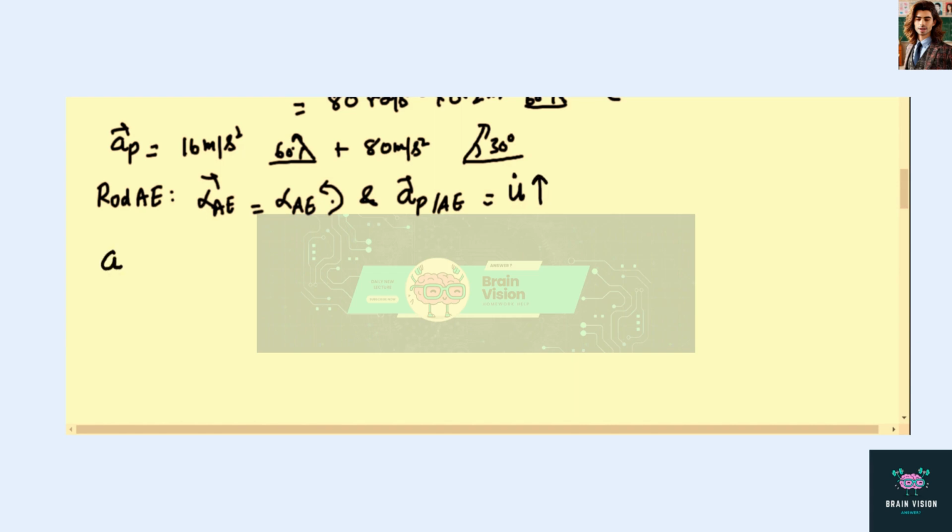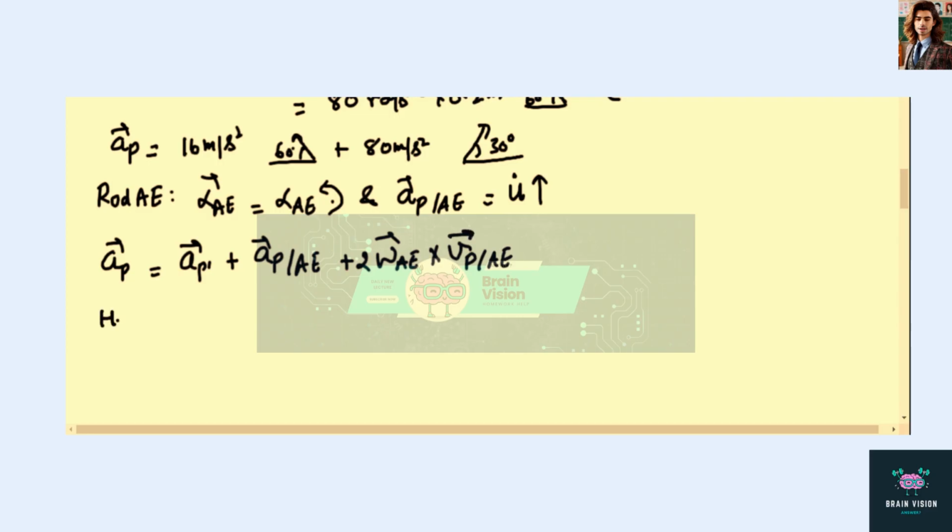So acceleration of P can be written as AP dash plus acceleration of P with respect to AE plus twice omega AE cross velocity of P with respect to AE.